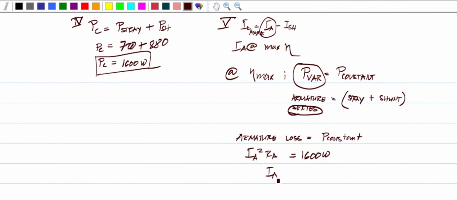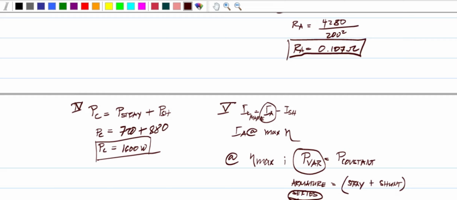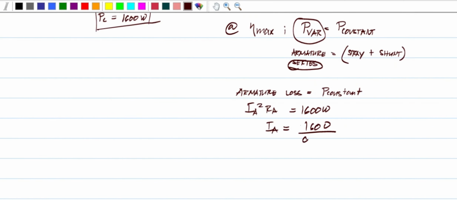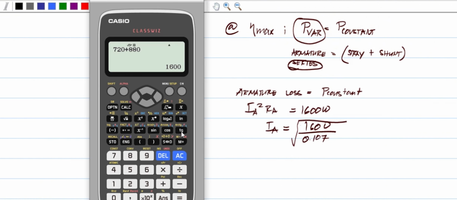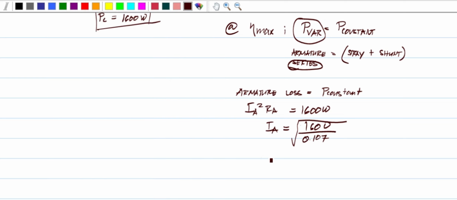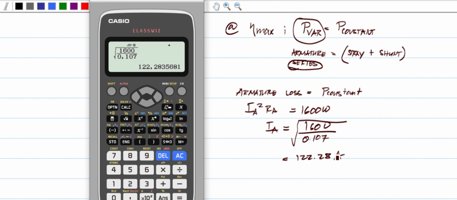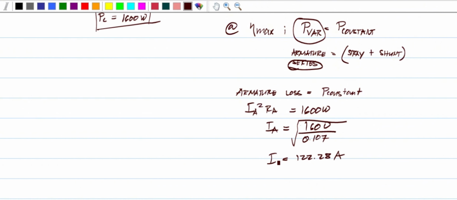Now IA is the square root of 1600 over RA of 0.107, which is 122.28 amperes.